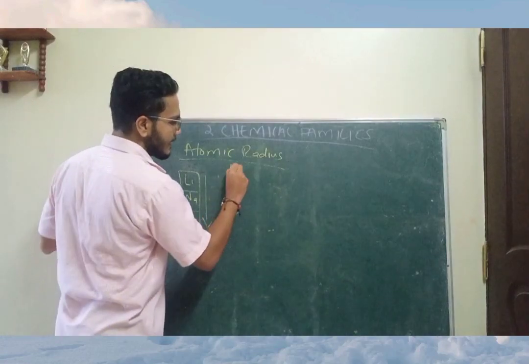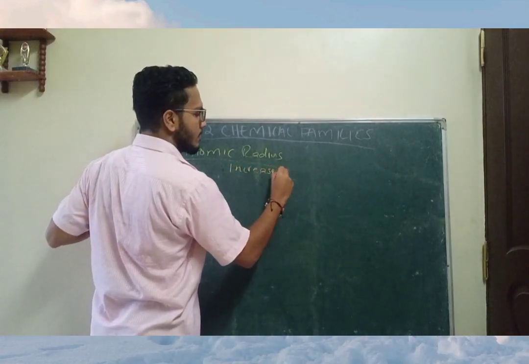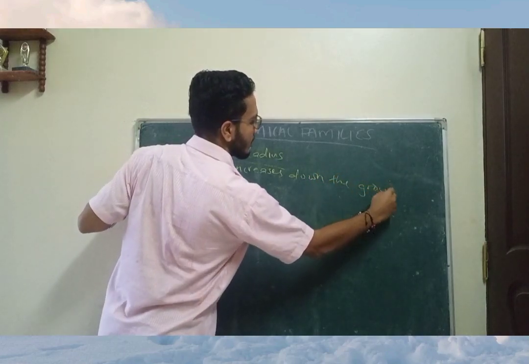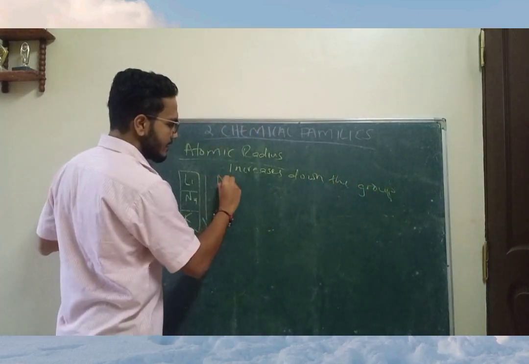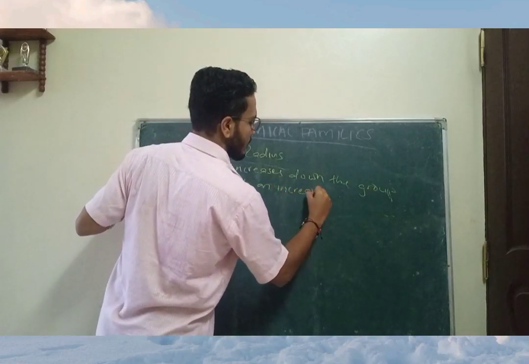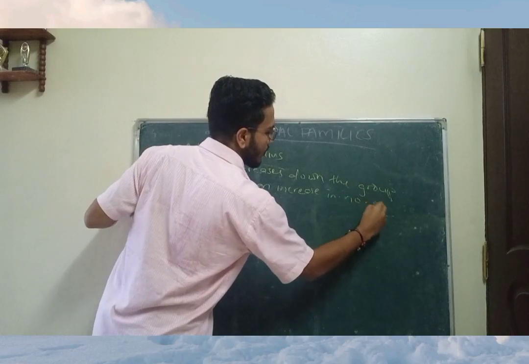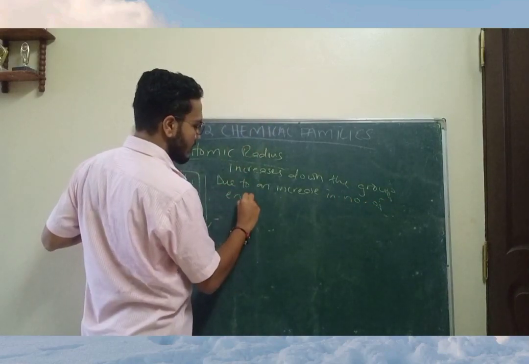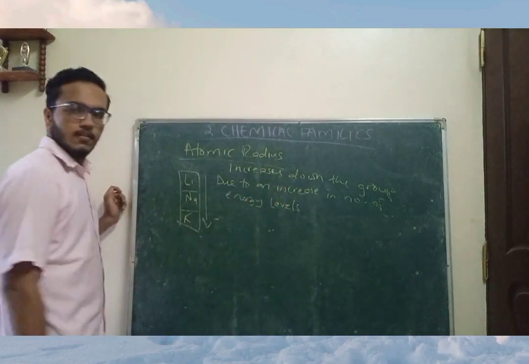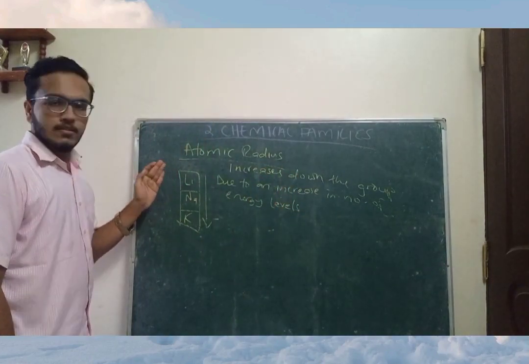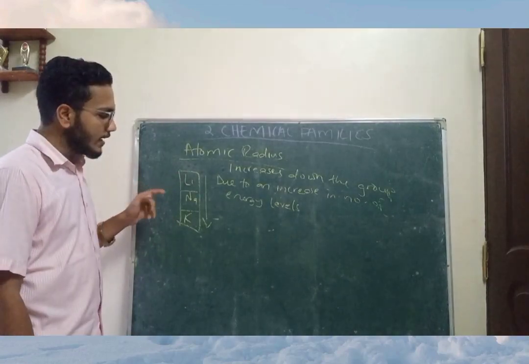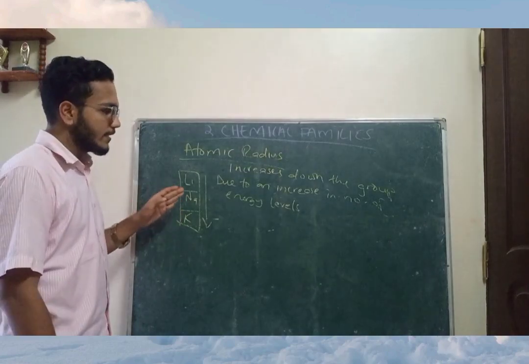Atomic radius increases down the group due to an increase in number of energy levels. Lithium has 2 energy levels, 2 1. Sodium has 3 energy levels, 2 8 1, and potassium has 4 energy levels, 2 8 8 1.